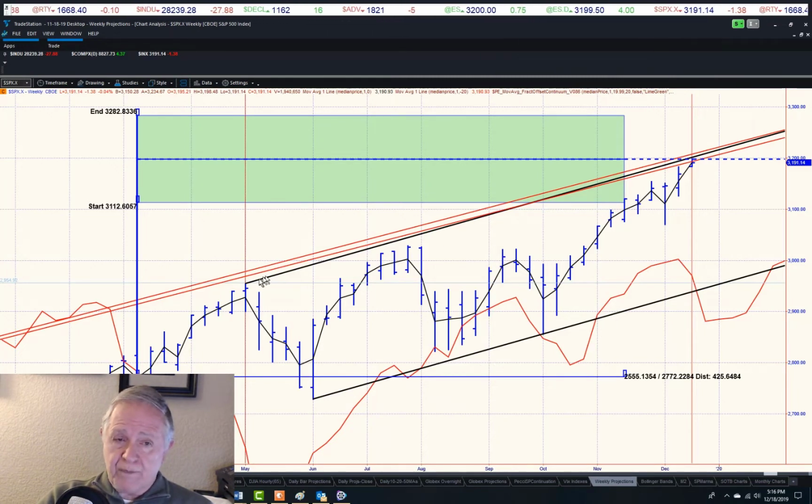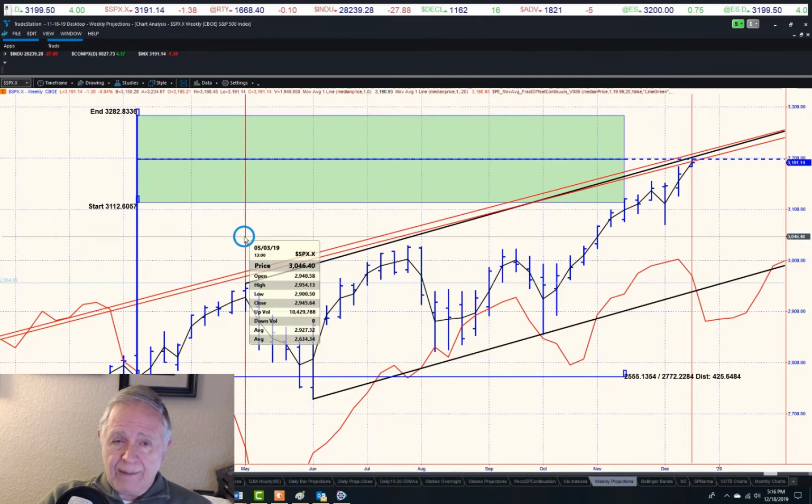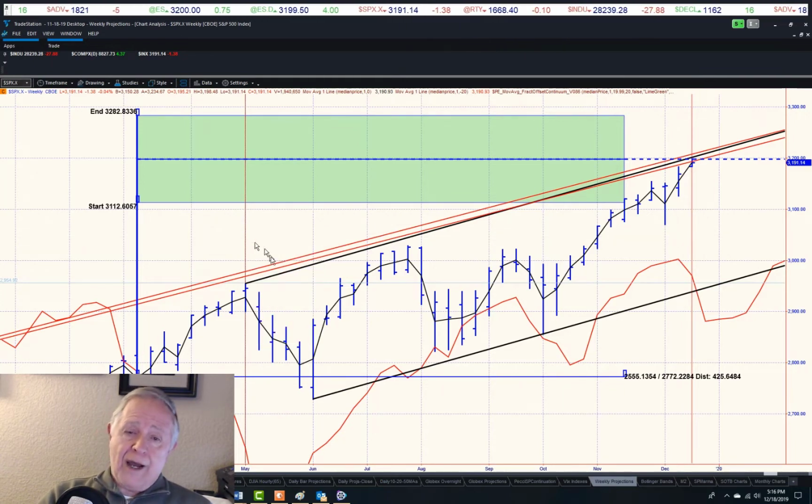So you just put this line on the exact high of the week ending May 3rd, and that's 2954.13. What you would do is multiply the number of weeks times the points per week, which is 7.478. From the high to this high was 33 weeks.